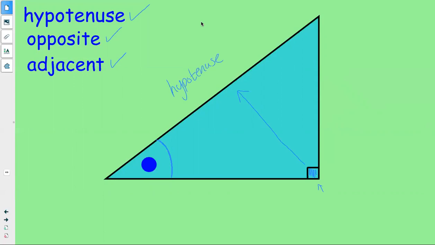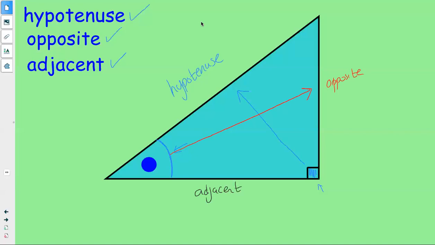This is the angle in question here, and the side across from that angle, or opposite that angle, is the opposite side, so that is called the opposite. And the last side is going to be called the adjacent. Adjacent means right beside. So the side here is called the adjacent.